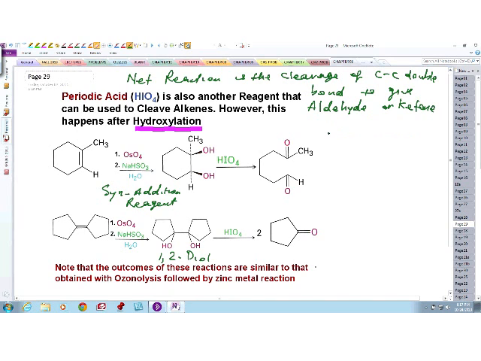If you notice, this is similar to the ozonolysis reaction, in which we have ozone followed by zinc. So this sequence of reactions, osmium tetroxide followed by sodium hydrogen sulfide, which will give the 1,2 diol, and then you follow that up with periodic acid to give the ketone, and in this case the aldehyde, is similar to the ozonolysis reaction.